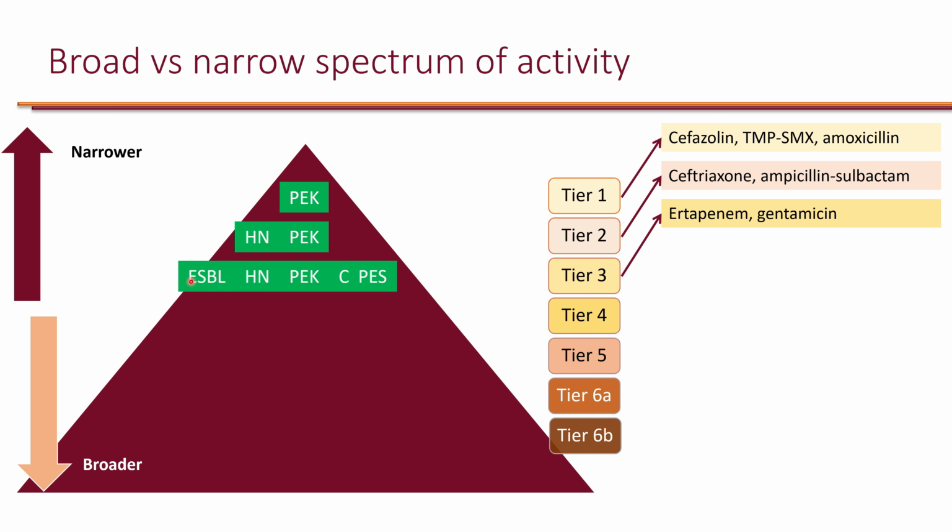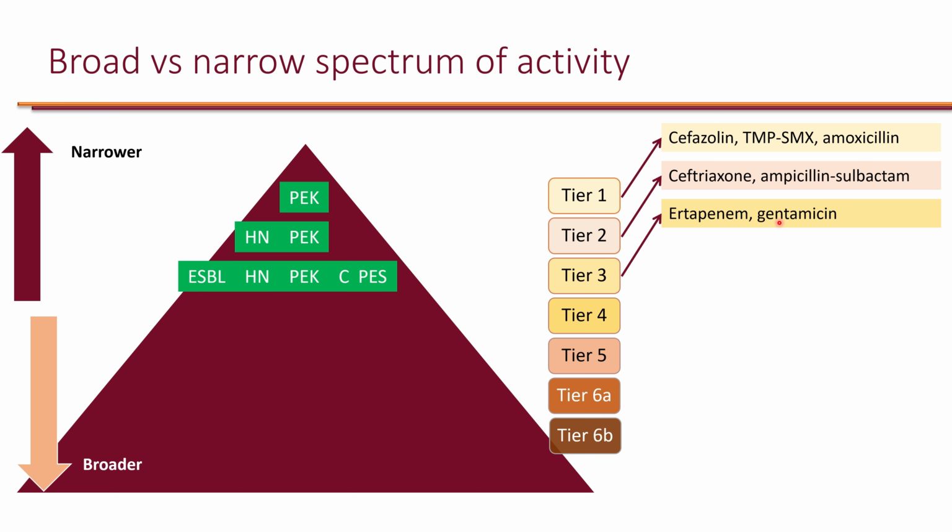These agents do not have activity against Pseudomonas, but they are active against ESBL, so that gives them the advantage over tier 2. If you have Enterobacterales that are producing ESBL, they will essentially be resistant to the beta-lactams in tier 1 and 2. So ertapenem will be the drug of choice for ESBL-producing Enterobacterales for severe infections such as bacteremia.